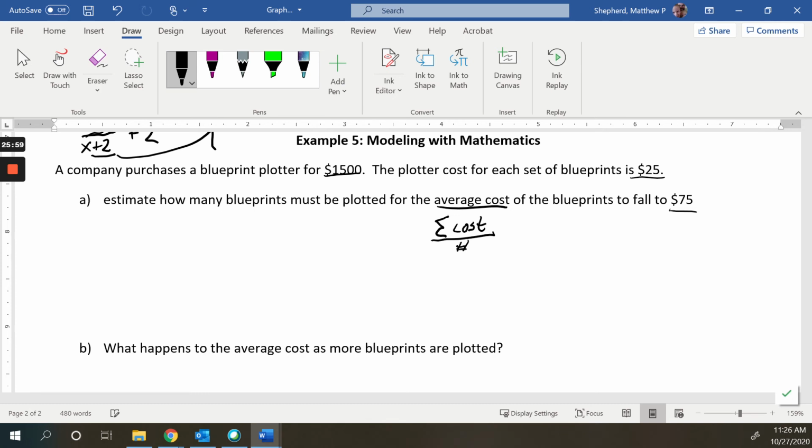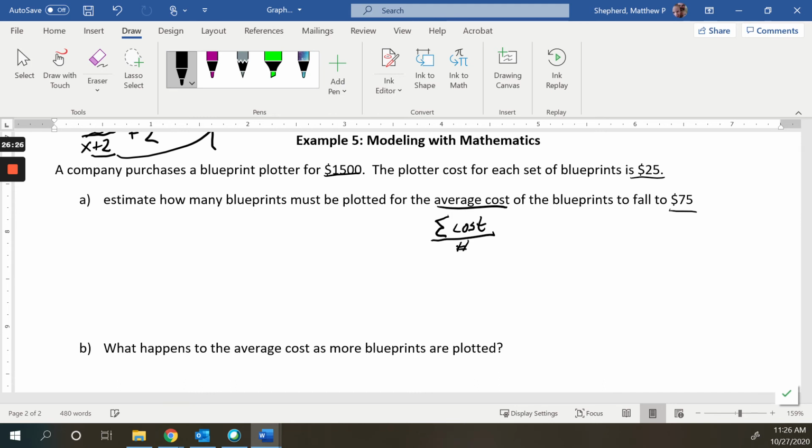Okay, so if we only made one blueprint, then that would have cost us $25 for the blueprint, but we also still paid $1,500 for the machine. So our average cost, after we add up all the costs, would be $1,525 for one blueprint. That would be our average cost.